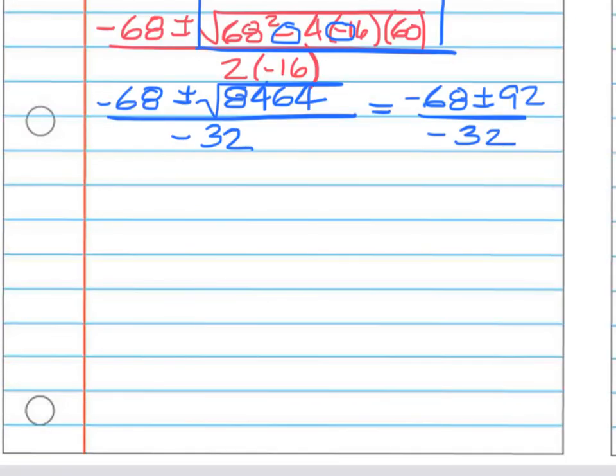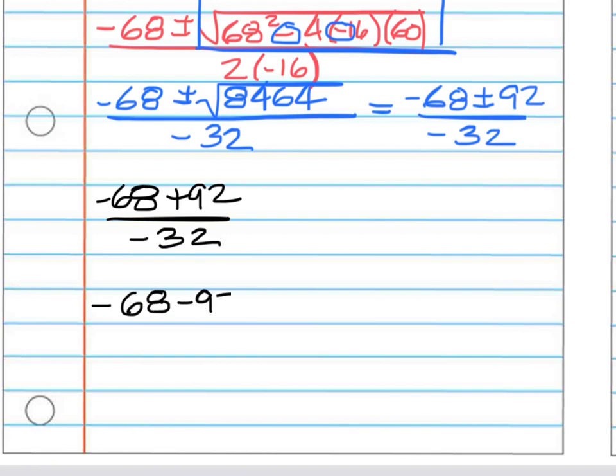Alright, so we have negative 68 plus 92, and then divide that by negative 32. Then we have negative 68 minus 92, and divide by a negative 32. For the top one, negative 68 plus 92, and then divide by negative 32 is going to give me a negative 0.75. Now, would that make any sense in terms of the time it took the ball to hit the ground?